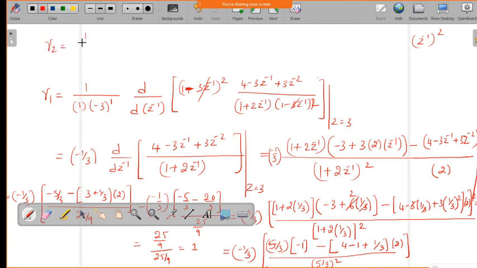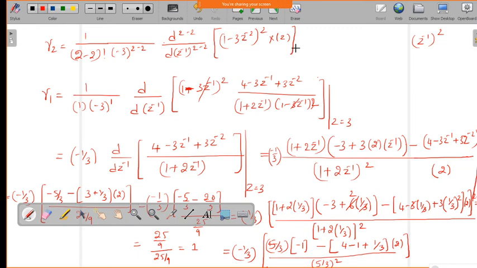Gamma 2 we can write as 1 over 2 minus 2 factorial, into minus 3 power 2 minus 2, into d power 2 minus 2 by dz power 2 minus 2, of 1 minus 3 z power minus 1 whole square into X of z. So evaluate at z equal to 3.